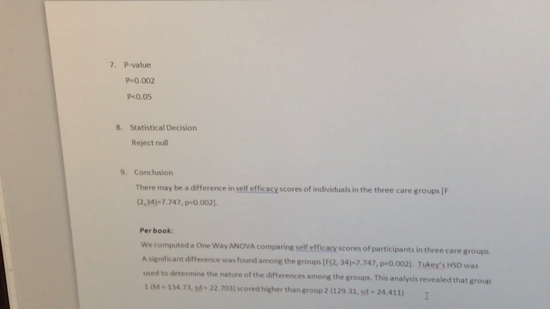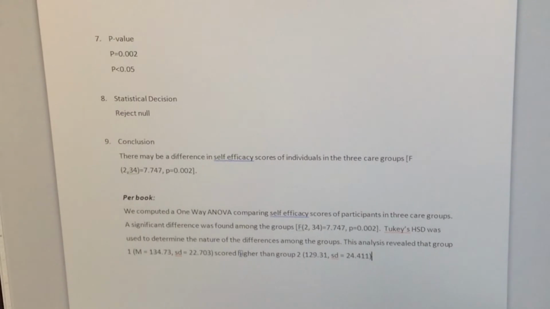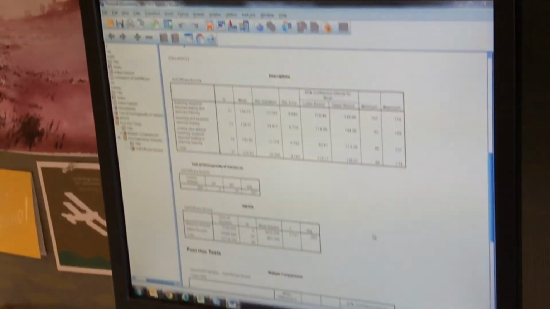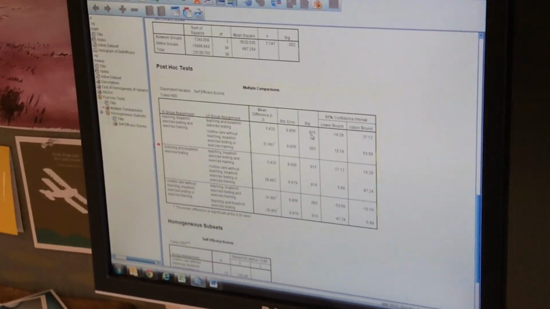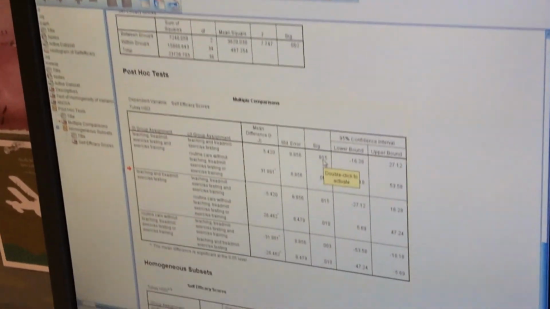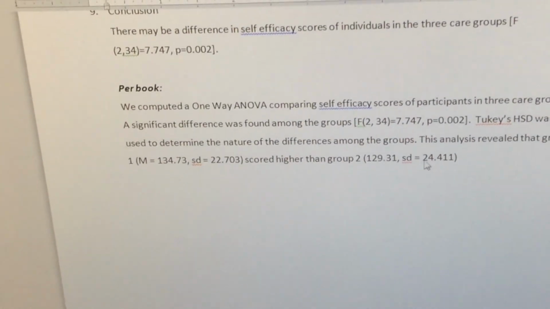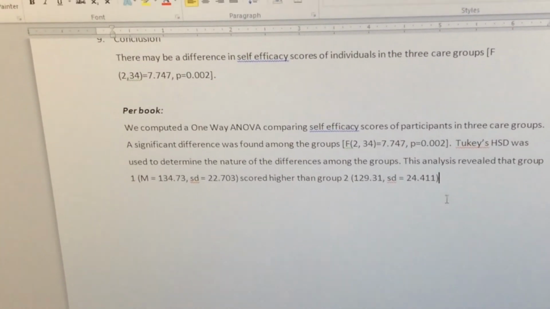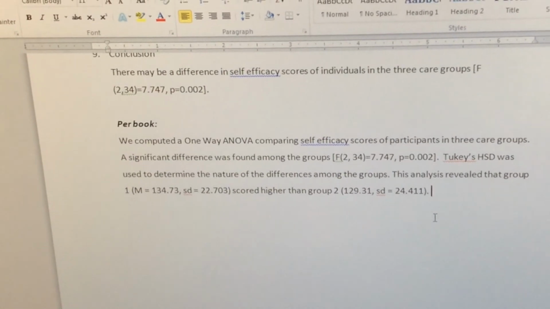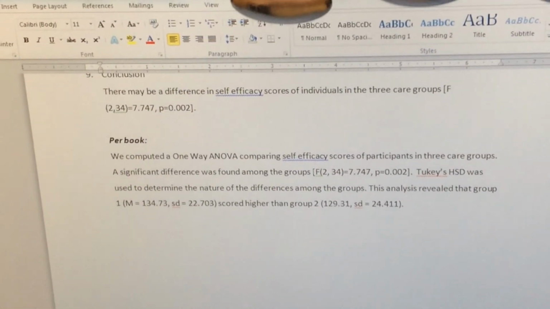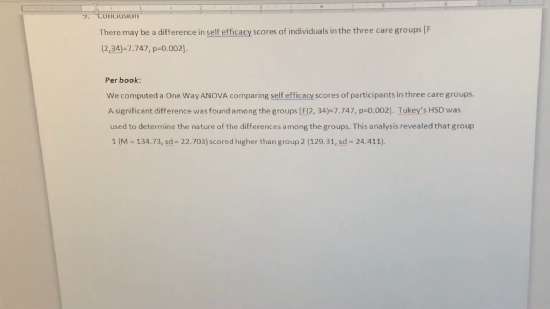Okay, now you'll notice I did not say it was significantly higher because it's not significantly higher. If we go down here, it's 0.815. So this analysis revealed that group 1 scored higher than group 2, and you don't say that it was significantly higher. Okay, then we're ready to do groups 1 and 3.